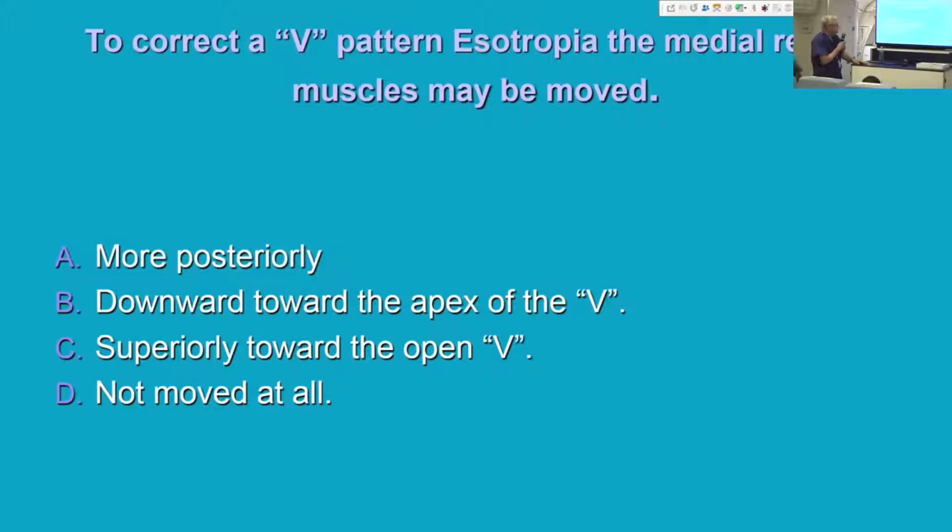So to correct the V pattern esotropia, the medial rectus muscles may be moved: A, more posteriorly; B, downward toward the apex of the V; C, superiorly toward the open V; or D, not moved at all. So can you approach a V pattern esotropia when you also have a vertical component and you'd like to correct it in a different position of gaze?